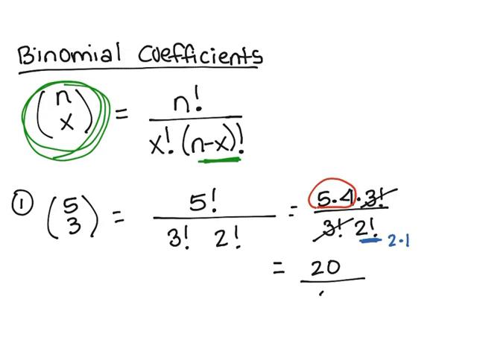However, when you go higher than 2, you've got to break that down as a factorial on the bottom, and I'll show you an example. So we have 20 divided by 2, which is just 10. So the binomial coefficient is 10. Like I said, I'm not going in depth. I just want you to be able to do this formula to give me that whole number, that coefficient, which is 10.